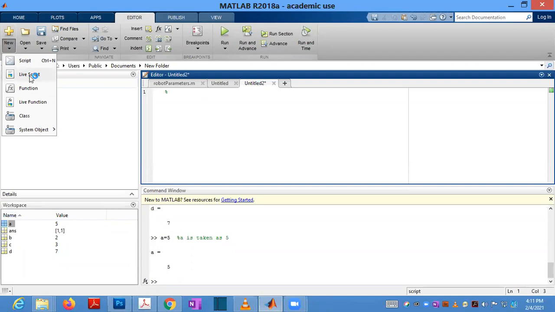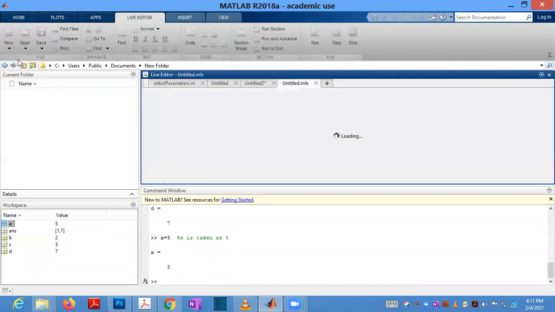The script file is what you edit in the script editor. MLX is the extension for a live script file, where you can type things and, if you have internet, it will take them.